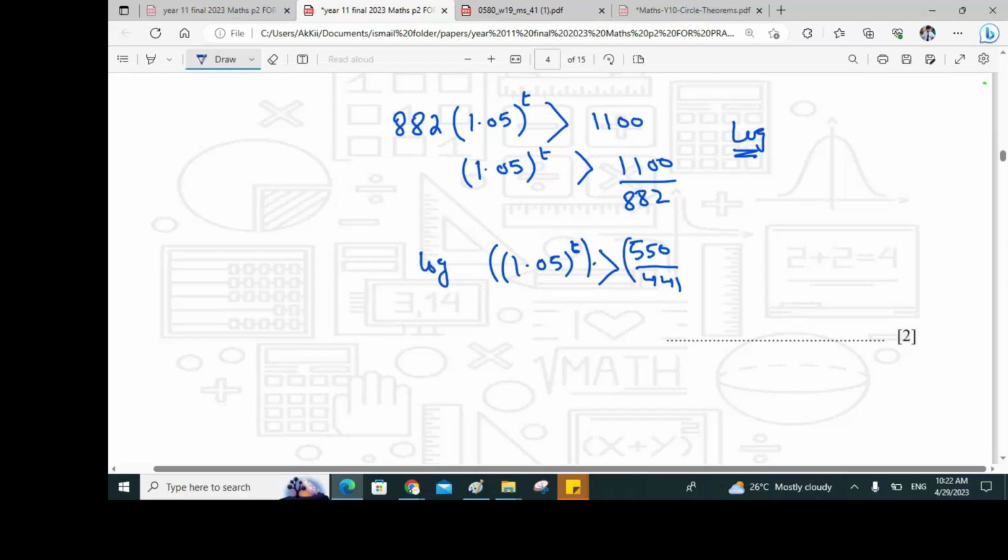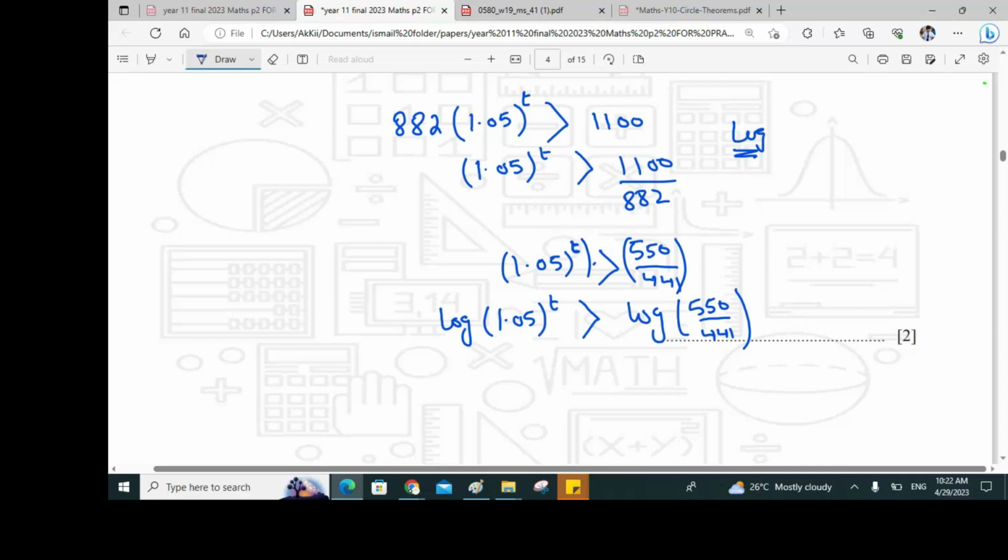We take logarithms on both sides like this. We apply logarithm on both sides like this. Let me apply it and see whether I am able to get the answer. If I apply logarithms on both sides, it will be log of 1.05 to the power t is greater than log of 550 divided by 441.